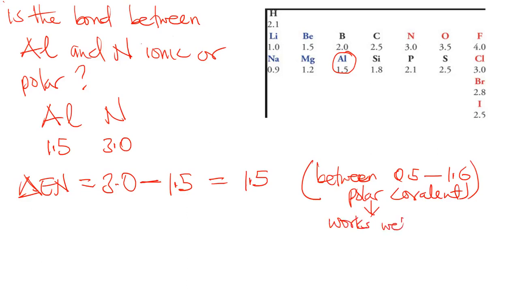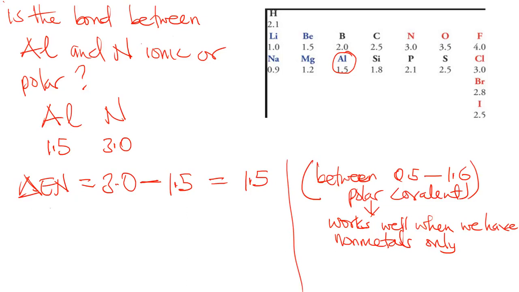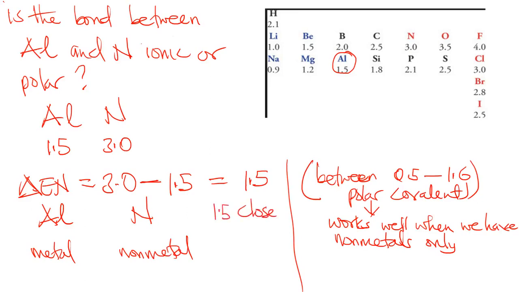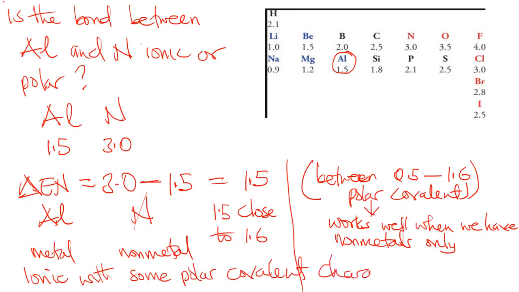In this case, aluminum is a metal, nitrogen is a non-metal, and also 1.5 is close to 1.6, which means this one is an ionic bond with some polar covalent characteristics.